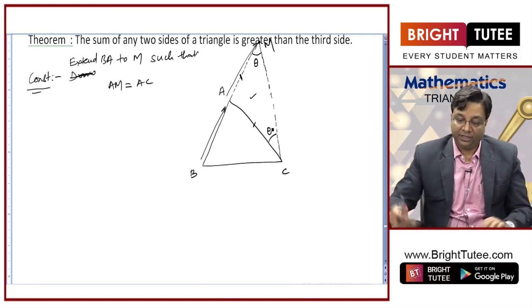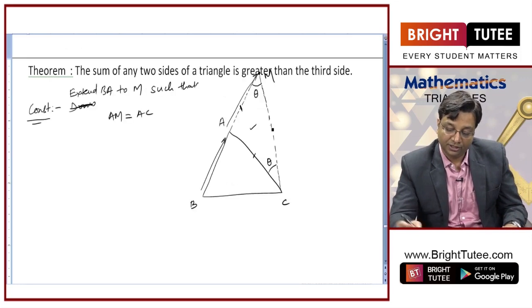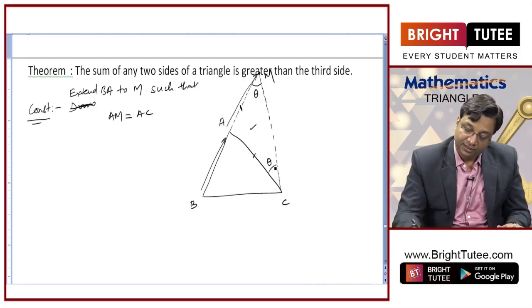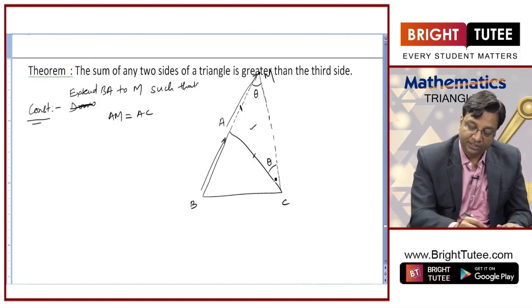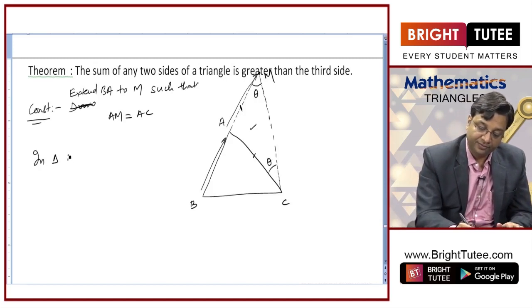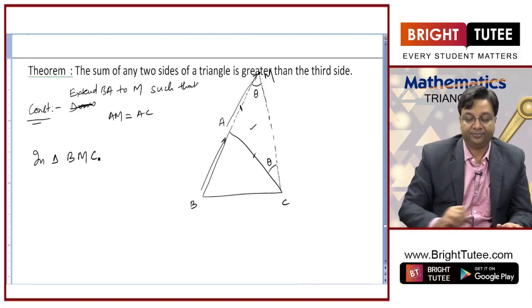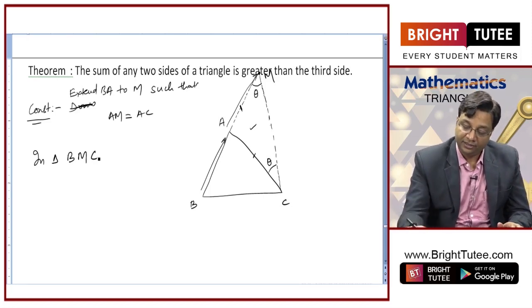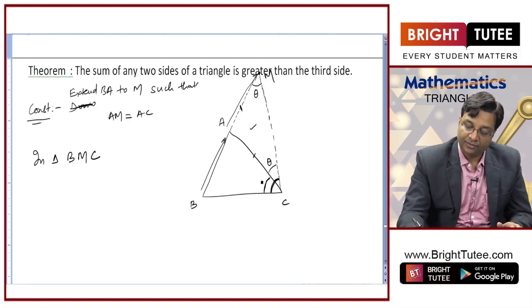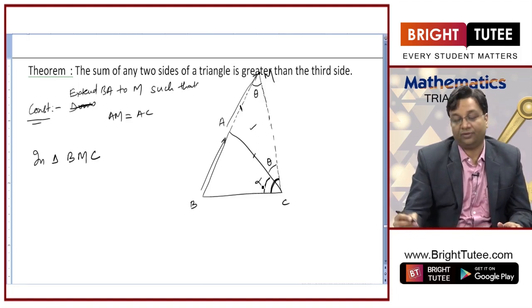Okay. Now, you notice that in triangle BMC, if you consider this angle, let us say this is angle alpha.